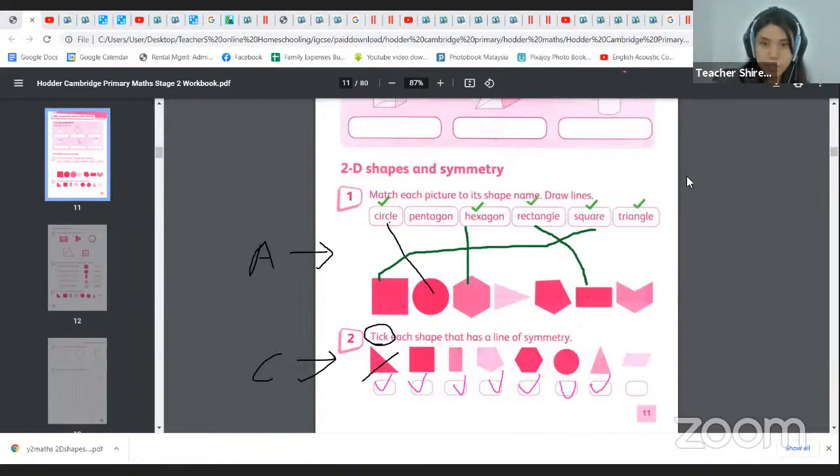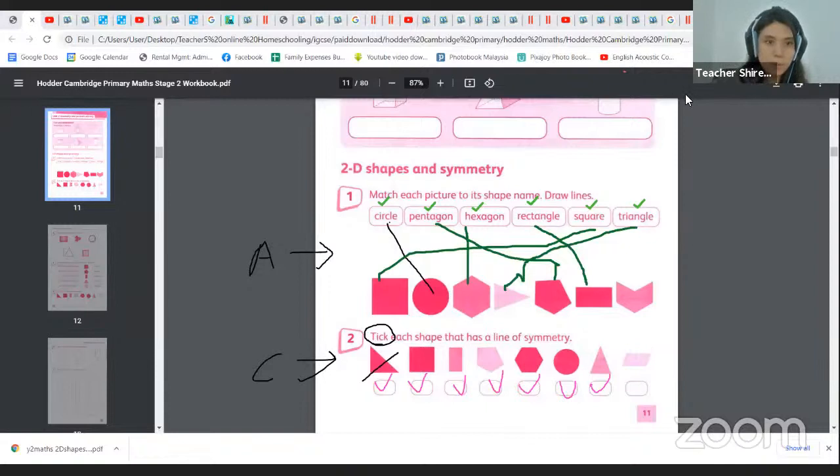Do you know this triangle? Good. Pentagon, like a pen. Fantastic. Okay, done. Okay, can you please copy this into your book now? Very good. Aiden and Charmaine got all correct.